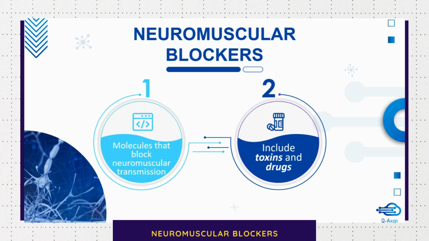For instance, curare was a crude plant extract which was extensively used in South America as arrow poison. This would cause death by respiratory paralysis. It was much later that scientists started to isolate these molecules and evaluate their potential as drugs.